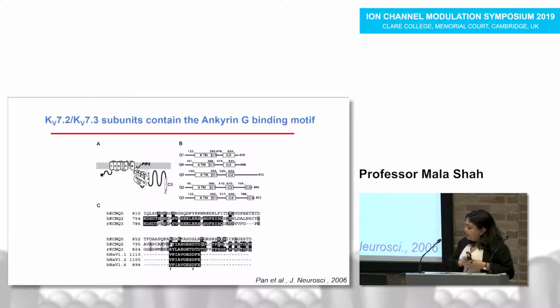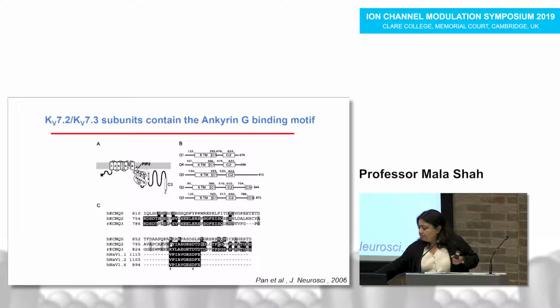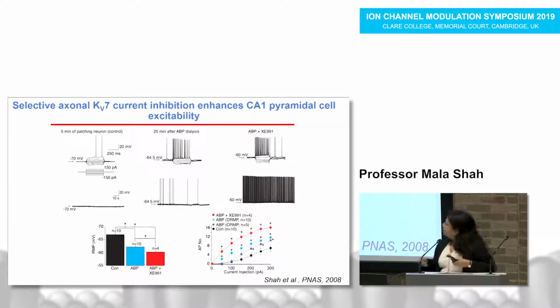And we added it to the intracellular solution of the pipette. So in this case, we've patched onto the CA1 pyramidal neuron with the peptide, which we call ankyrin G binding peptide, so ABP.